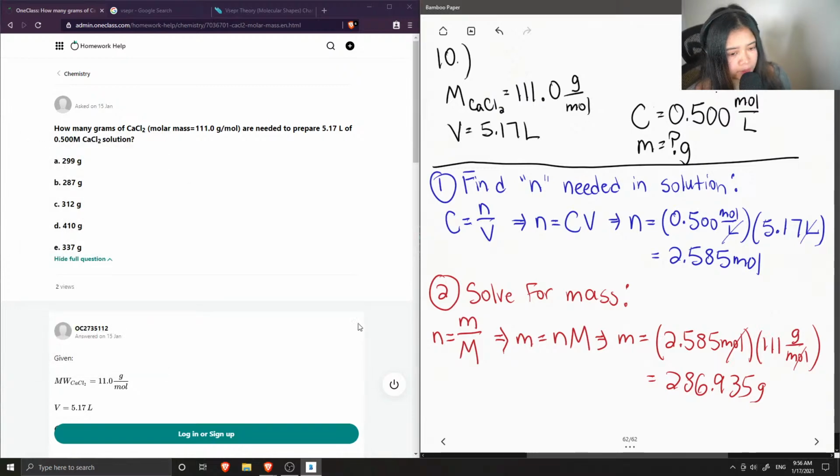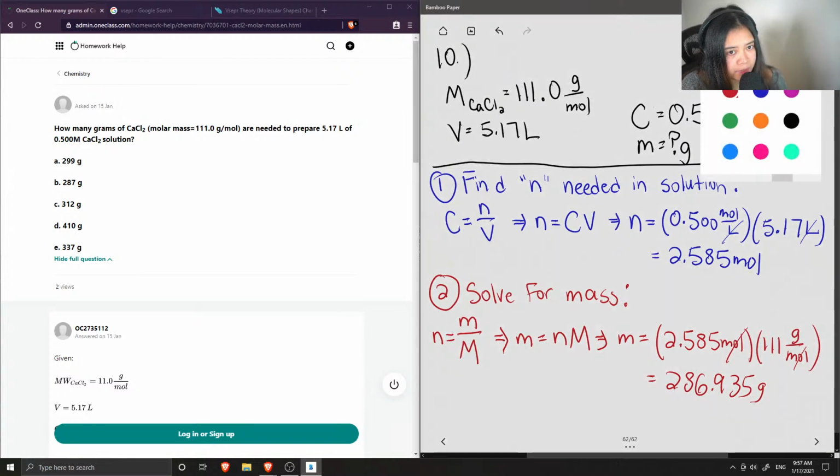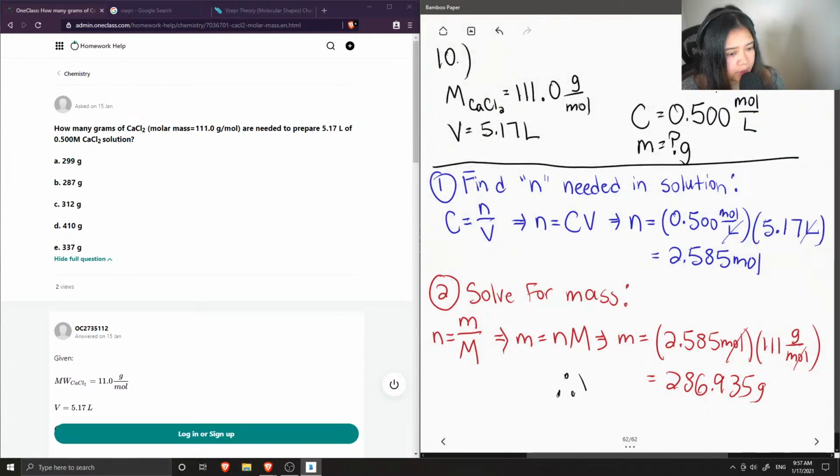Yep. Okay, so this is the number of grams needed to prepare 5.17 liters of 0.5 molar calcium chloride solution, and it is option number B in the multiple choice. So therefore B.